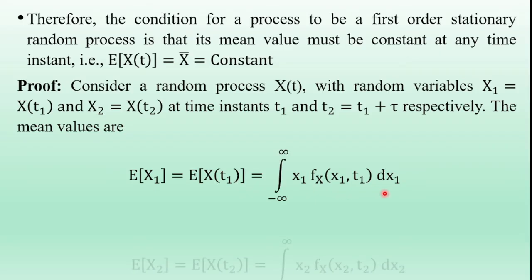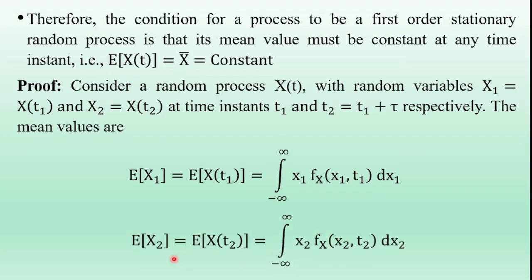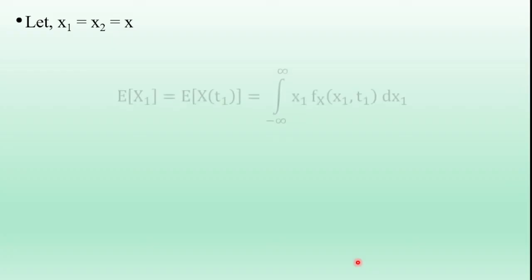Similarly, the mean value of the second random variable, expectation of x2, is equal to expectation of x of t2, which is equal to integral from minus infinity to infinity of x2 fx of x2 comma t2 dx2. Select the values of the random variables x1 equal to x2 equal to x.